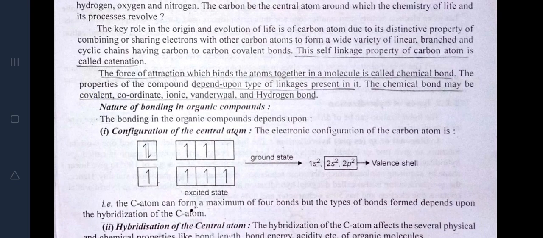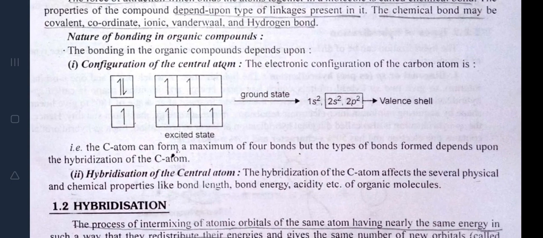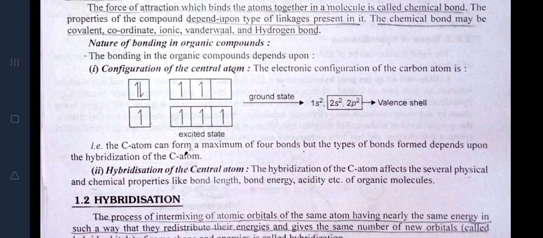Now, nature of bonding in organic compounds. Bonding in organic compounds depends upon the configuration of the central atom. For example, the carbon atom can form a maximum of 4 bonds, but the type of bond formed depends upon the hybridization of the carbon atom.